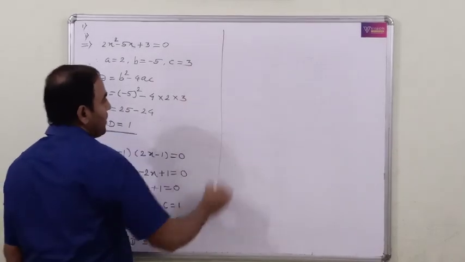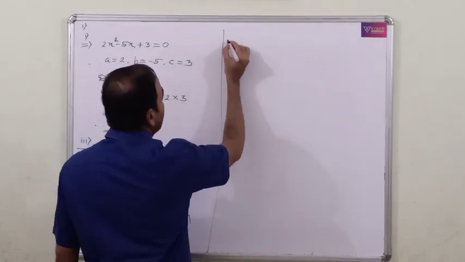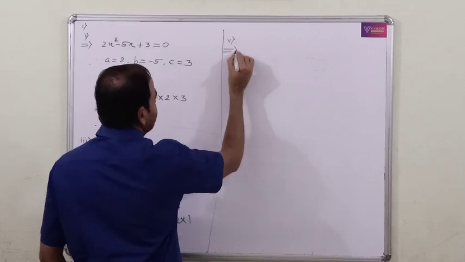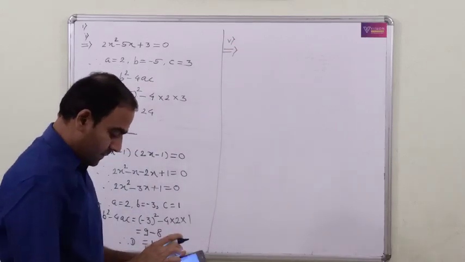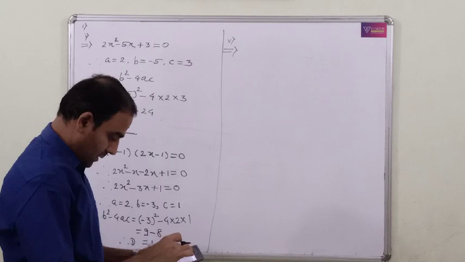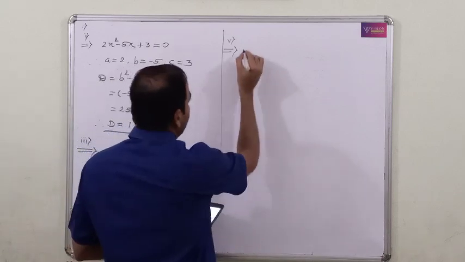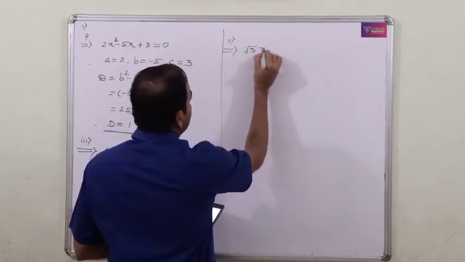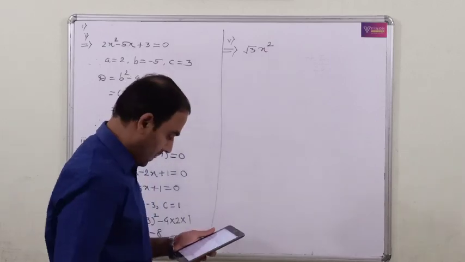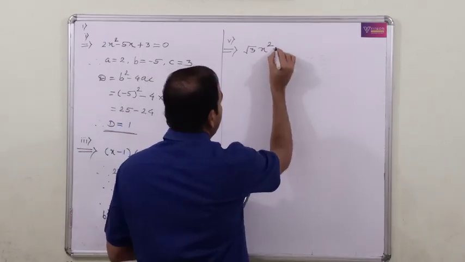And then we take the fifth question. Fifth question is root 3x square, what is the coefficient of x square? Root 3, plus 2 root 2x.